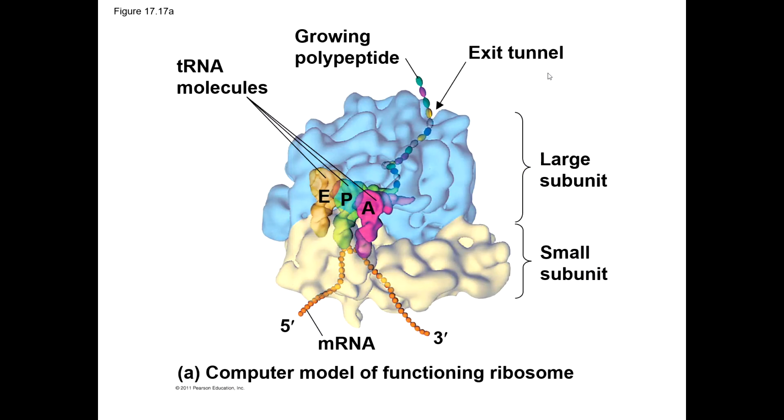Here is a computer model showing this whole thing in action. So we have our large subunit and our small subunit of the ribosome. And then we have our parking spots here listed as EPA. That's not the Environmental Protection Agency.